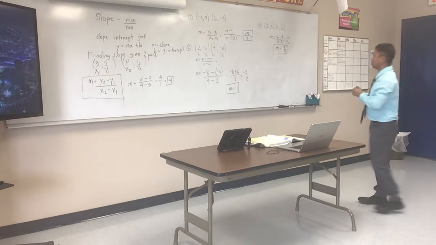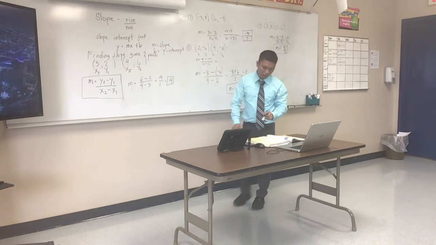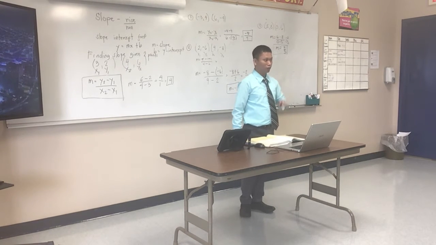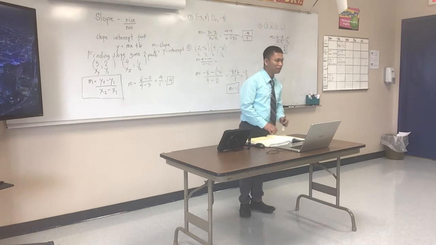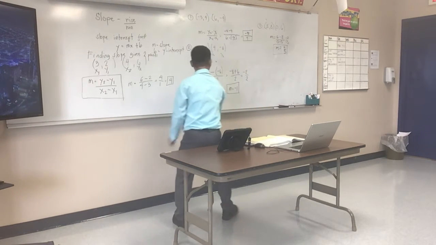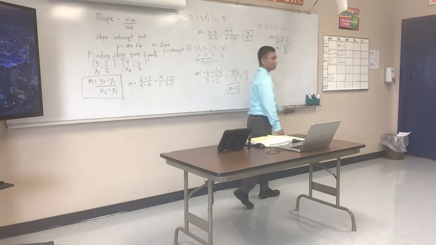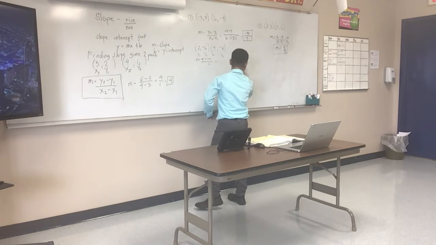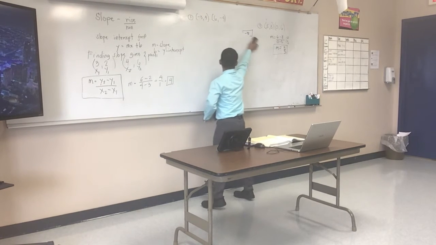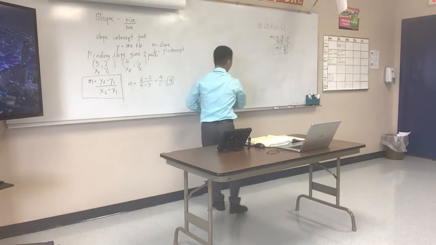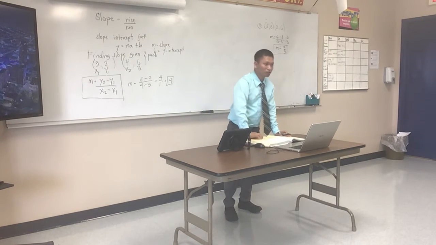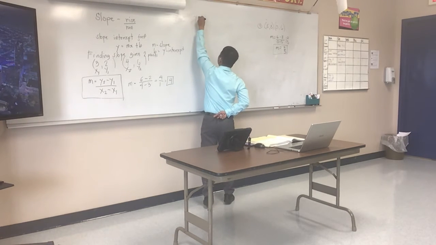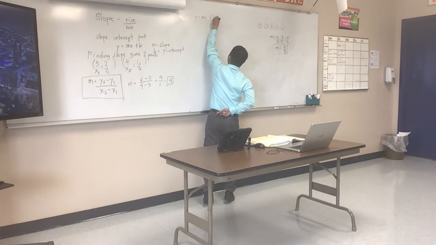Okay, how about if given is the slope and 1 point, how are we going to identify the equation of the line? Example number 2. Again, what is the variable that we use for slope? We have mx plus b, right?